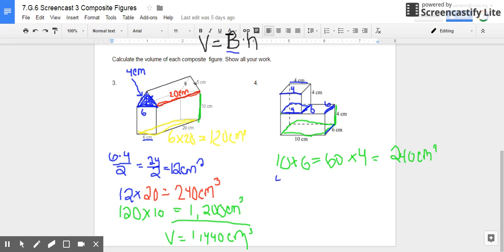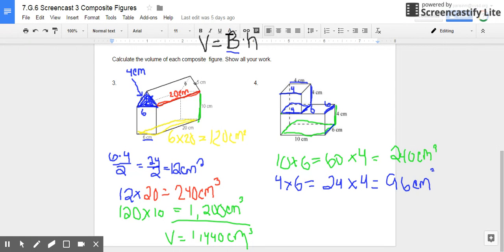So to find the area, I'm going to do 4 times 6, which will give me 24. Next, I have to take my 24, which is the area of the base, and multiply by the height of the prism. And my height is how tall it's standing right here when it's standing on its base, which is 4 centimeters. So then next, I'm going to do 24 times 4, which I get 96 centimeters cubed.